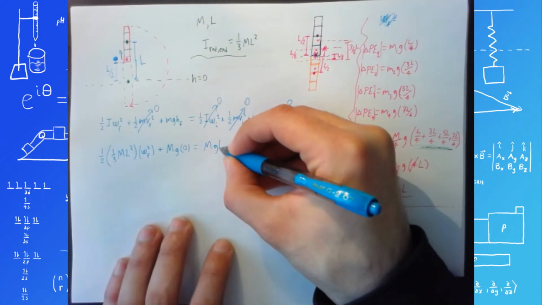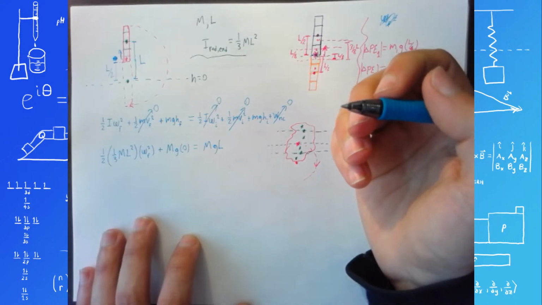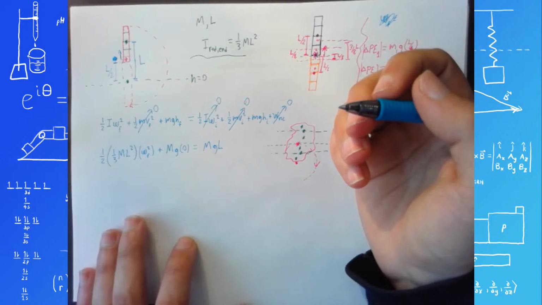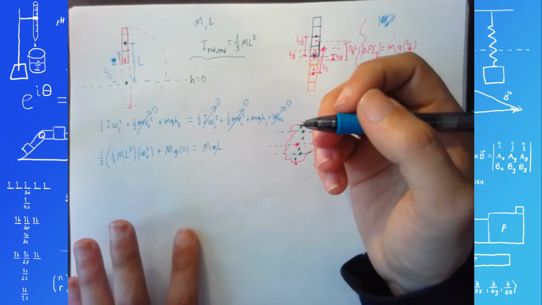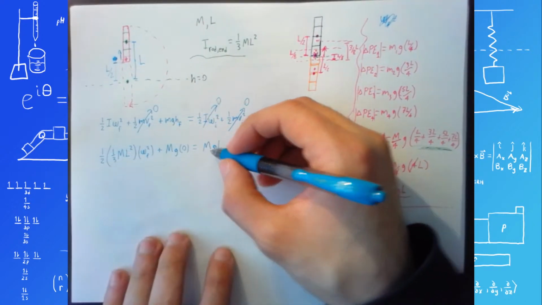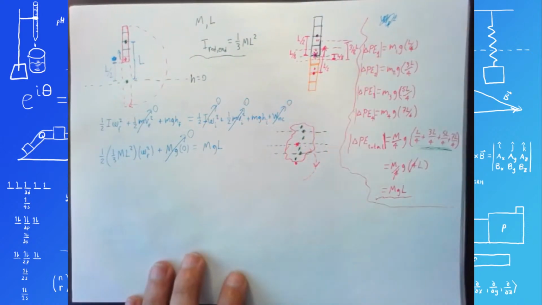So the total change in height is L. Okay, we could cancel the m here, but the question was, what is the final kinetic energy for the first part? It's just going to be equal to m g L. m g L equals kinetic energy rotational.